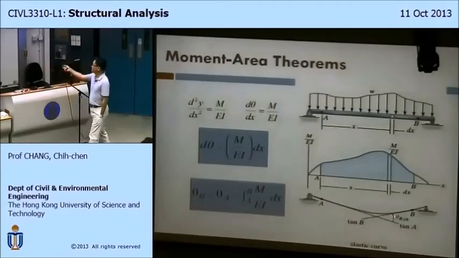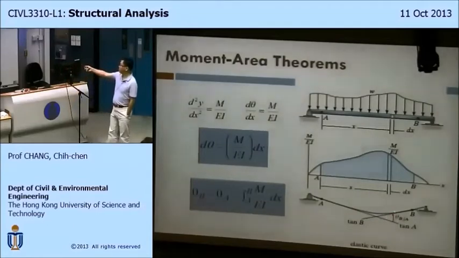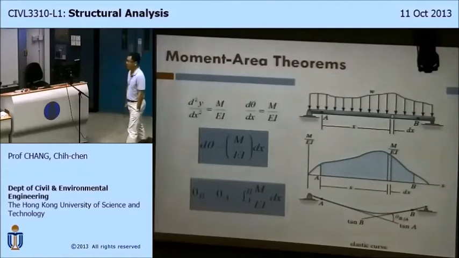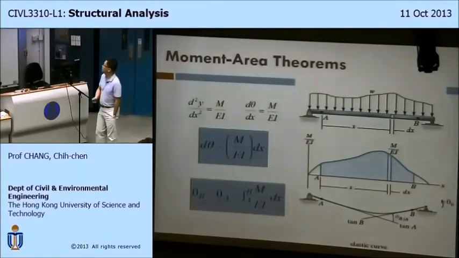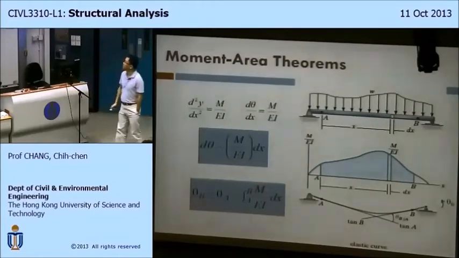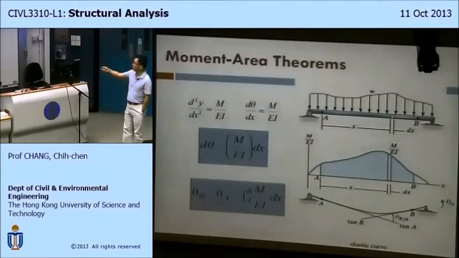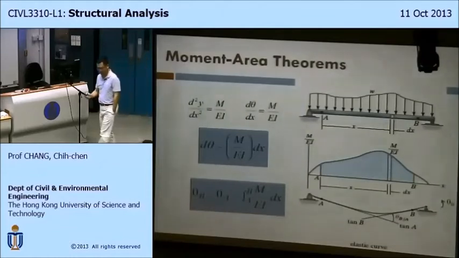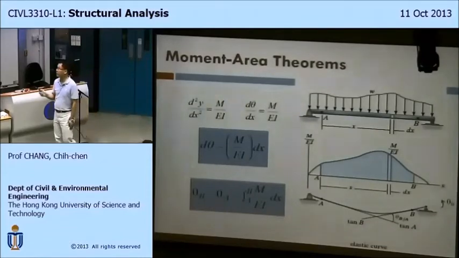This is the angle difference going from A to B, so we use theta B/A. The rotation angle is defined as positive if it goes counterclockwise, and M over EI is defined as positive if it goes up and negative if it goes down, following the sign conventions of bending moment diagrams.